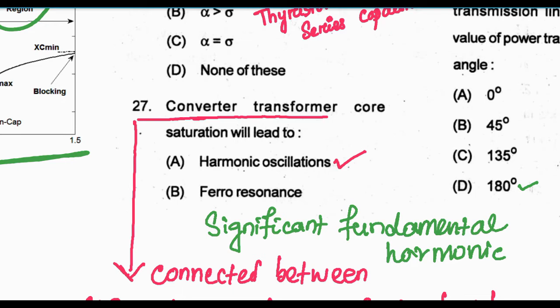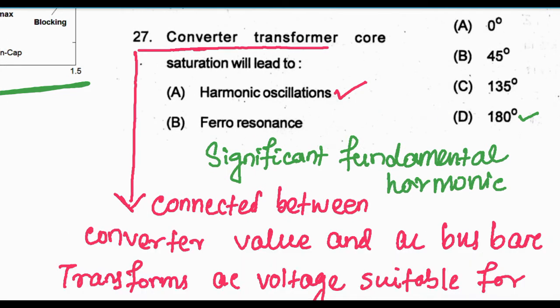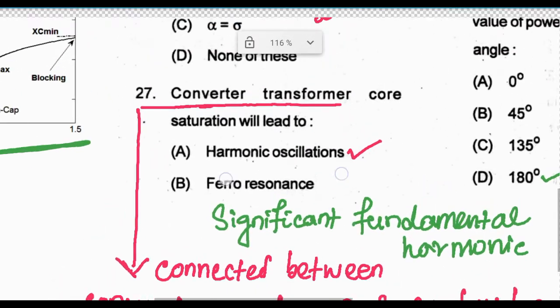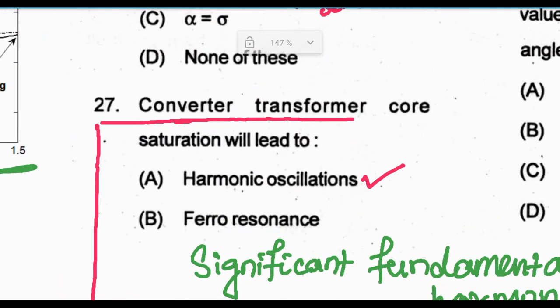Their work is to convert the AC, the transmitted AC, to suitable voltage level for the converters, and in this transformer, if saturation occurs, core saturation occurs, this will lead to commonly the harmonic oscillations, just like the common transformers. In common transformers also we get harmonic oscillations.